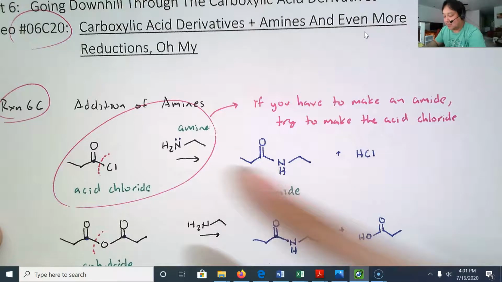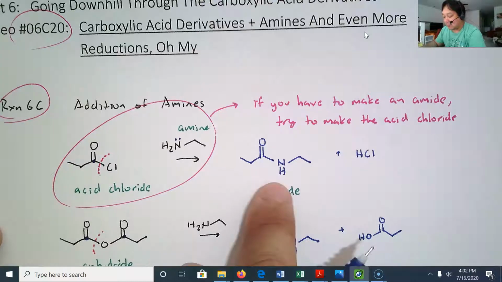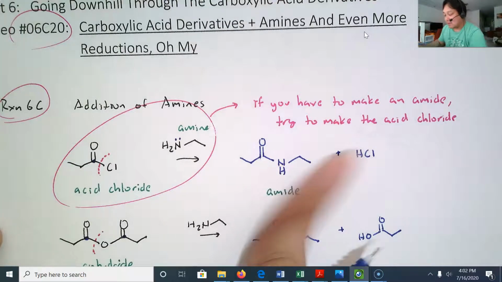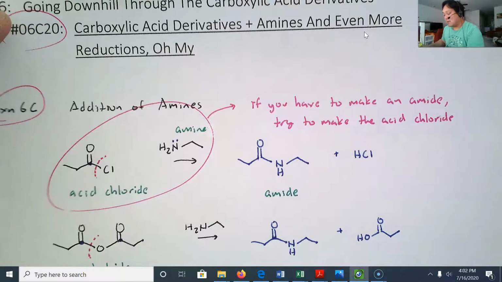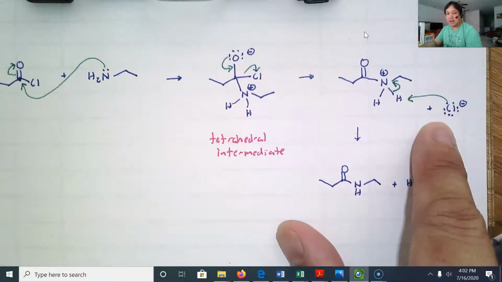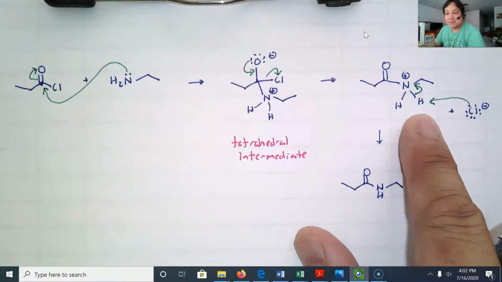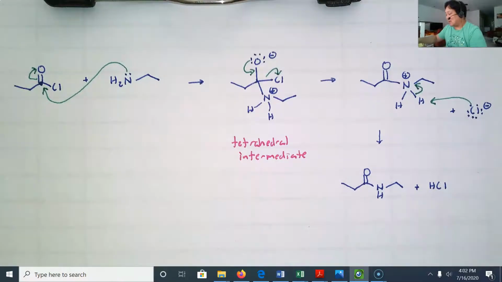A lot of times you'll see two equivalents of amine to the acid chloride, and the second equivalent is to remove that second hydrogen. But I don't mind if you draw the mechanism with only one amine and use the chloride as the molecule to remove the proton. There we go. That is the amines.